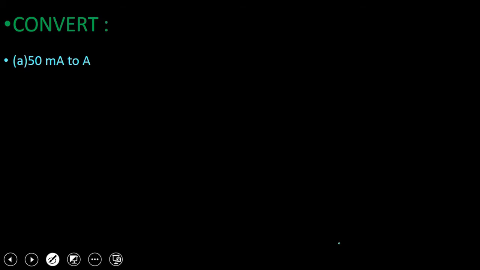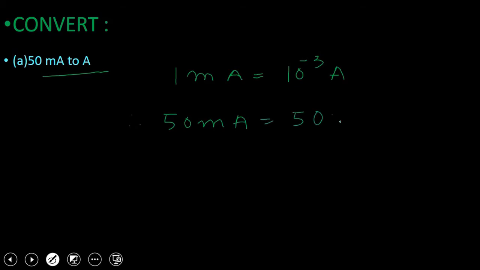So now we are going to solve some numericals. First one is convert. You have to convert 50 milliampere to ampere. Children, we know that 1 milliampere is equal to 10 to the power minus 3 ampere. So therefore, 50 milliampere will be equal to 50 into 10 to the power minus 3 ampere.